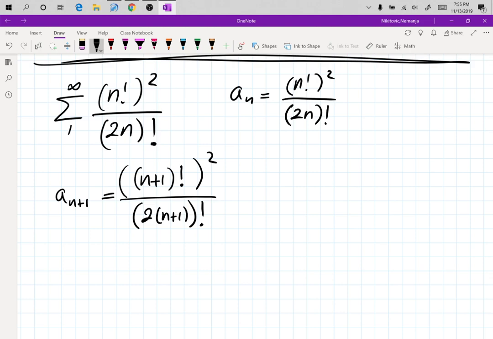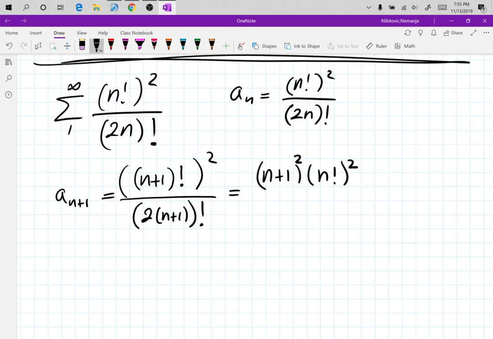So we peel off n plus 1, and we still have n factorial squared, and n plus 1 also gets a square. Right? So each one gets a square.